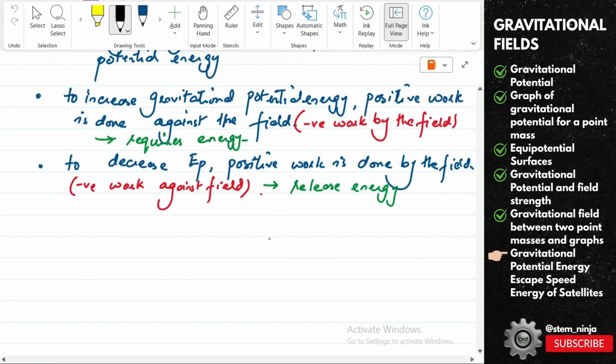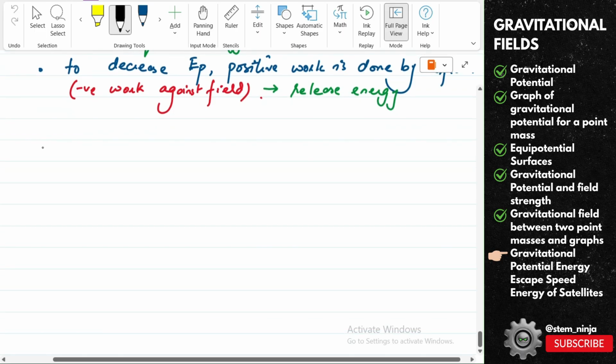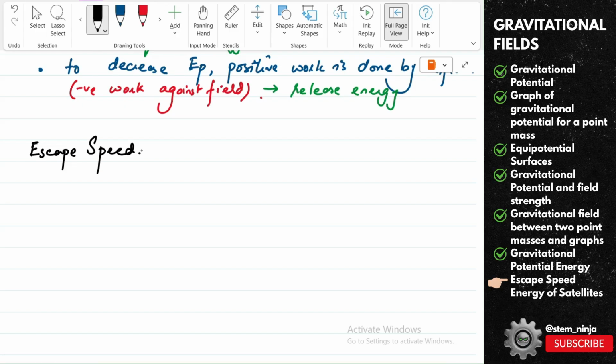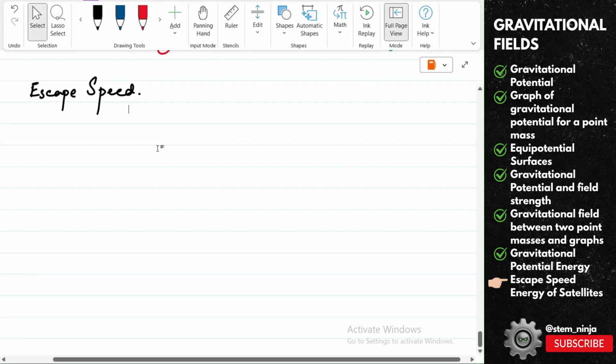Now let's see what escape speed means. Or how to figure this out.